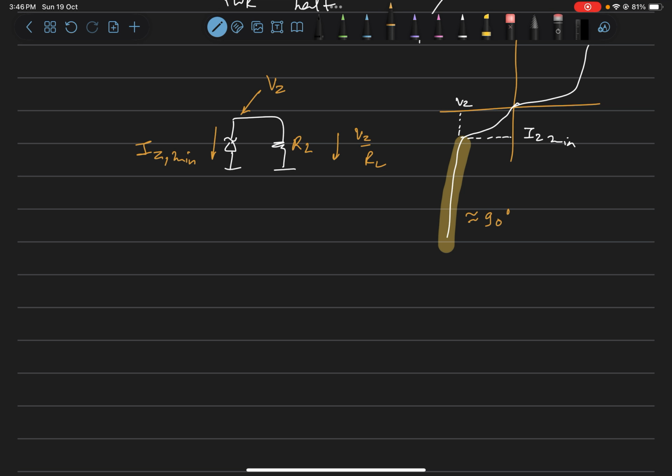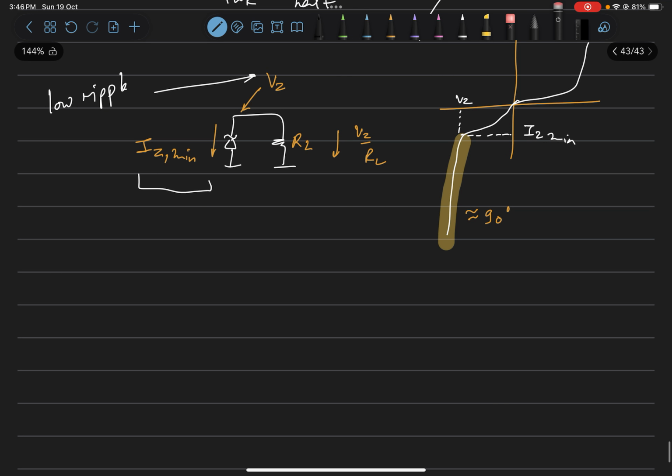meaning that even when the current changes, this voltage doesn't change much, which means that the ripple on VZ is low. So this is a low ripple circuit, because IZ minimum can have fluctuations, but fluctuations in the Zener current are converted to Zener voltage because of this slope.